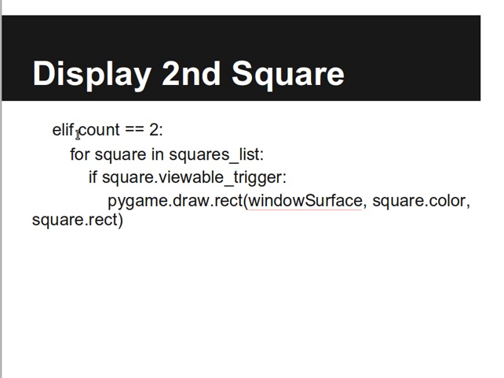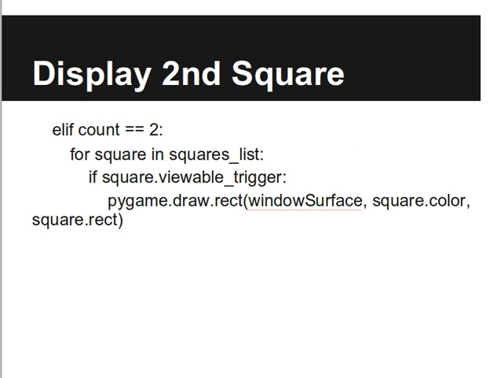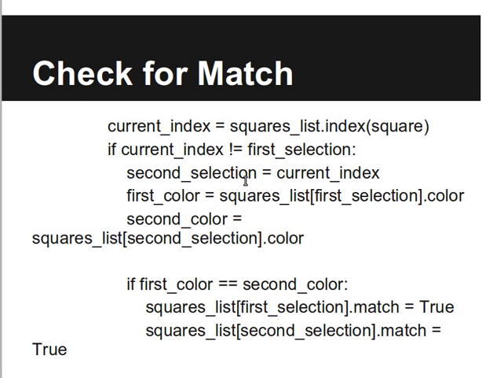Then you simply display the second square with a similar algorithm. If the square is viewable, you just pop it up. Then you check for the match. I guess this is the exciting part.